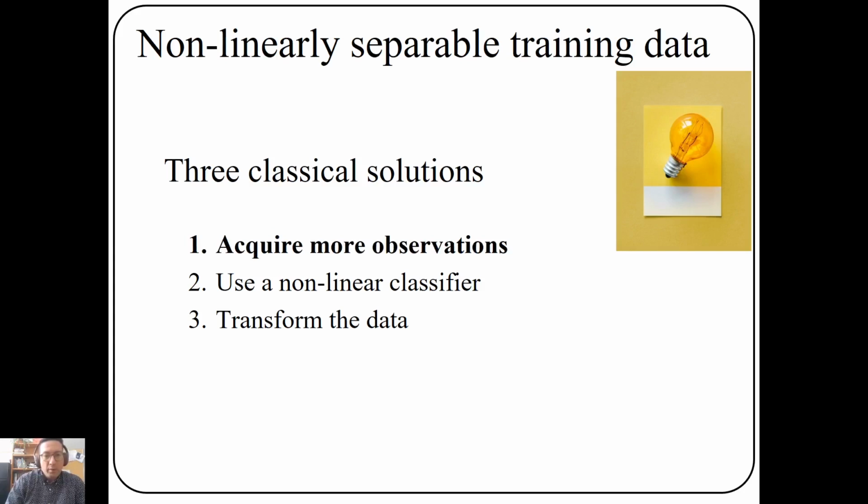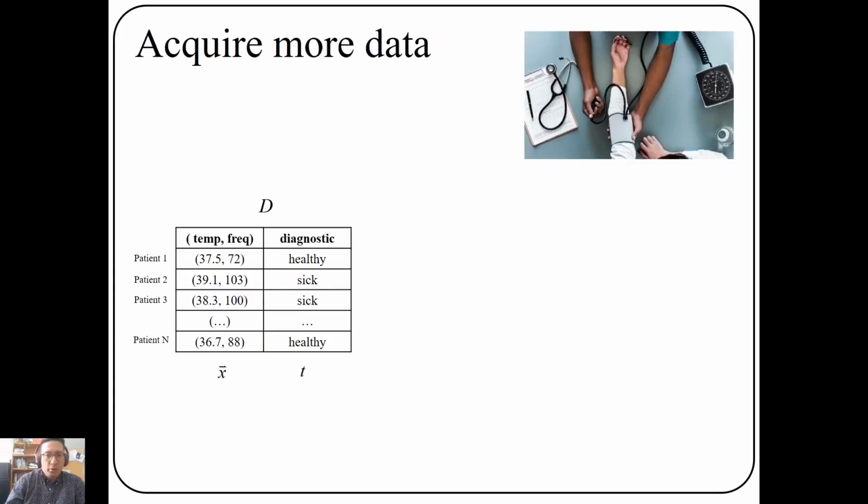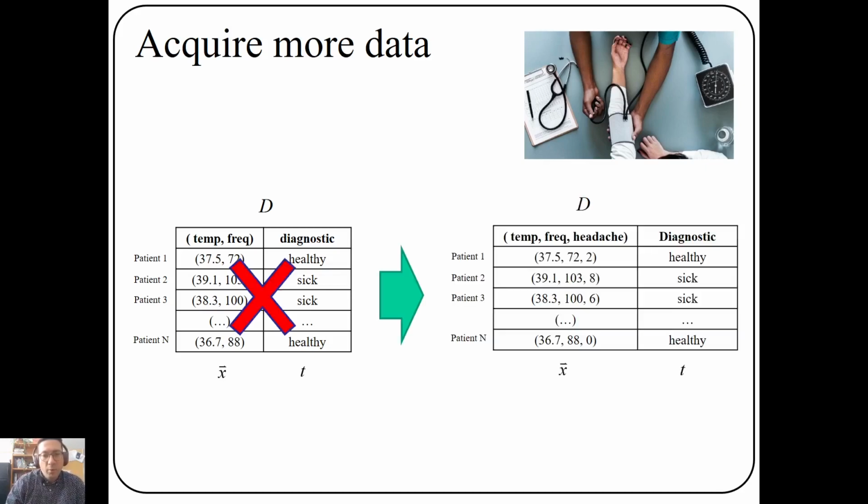Let's look at what it means to acquire more observations. In our little example, we were acquiring two different values, the body temperature and the cardiac frequency. And maybe after all, this is not enough, and this is far too simplistic to come to the conclusion that a patient is healthy or sick. So we might decide to acquire more data during our acquisition protocol.